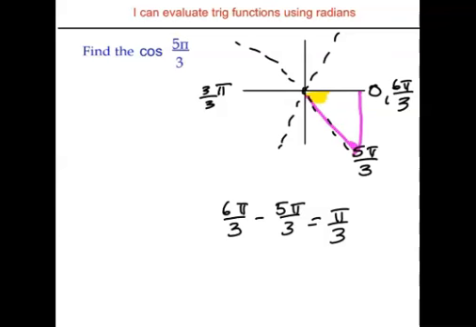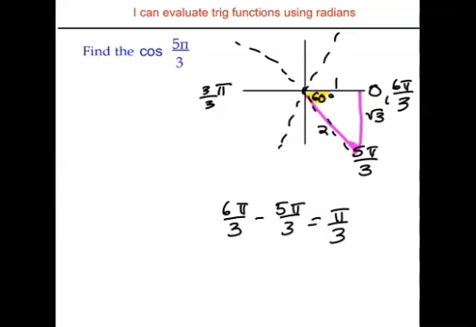Again, if I can't stand pi over 3, I still kind of like to work in degrees also. Pi over 3 is the same as 60. Your reference angle is always going to be 30, 60, or 45. So that is a 60. And then across from 60 is square root of 3. The hypotenuse is 2. This is 1.